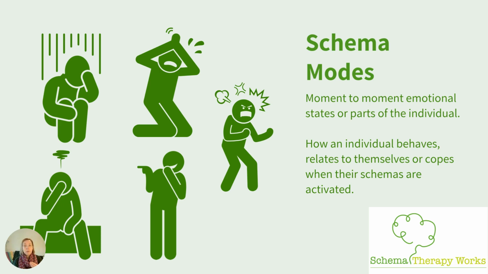And so in schema therapy, we'd call this mode flipping, where somebody moves from particular emotional states through to another. And modes are how an individual behaves, relates to themselves, or copes when their schemas are activated. So we have the schema activation and then the behavioural presentation of that, how it comes alive. That's the mode.